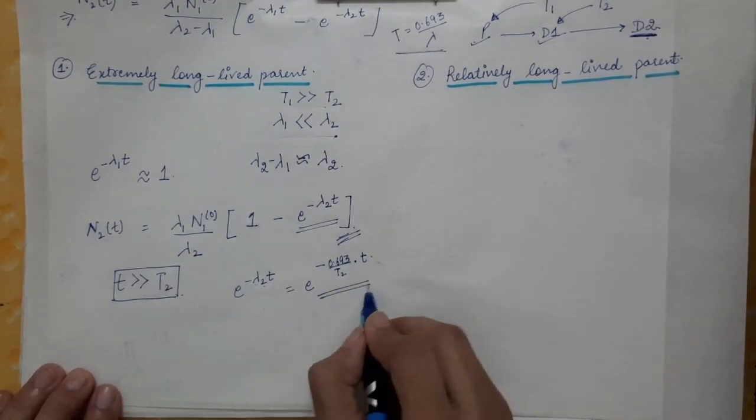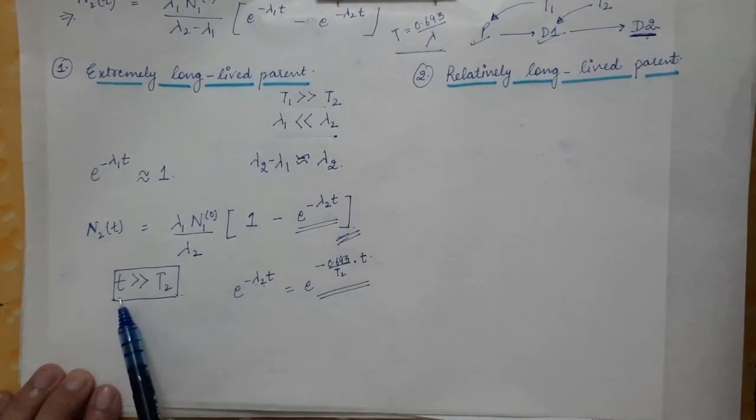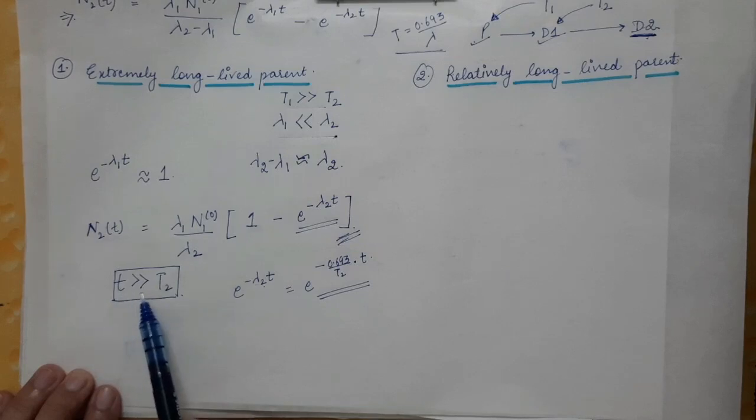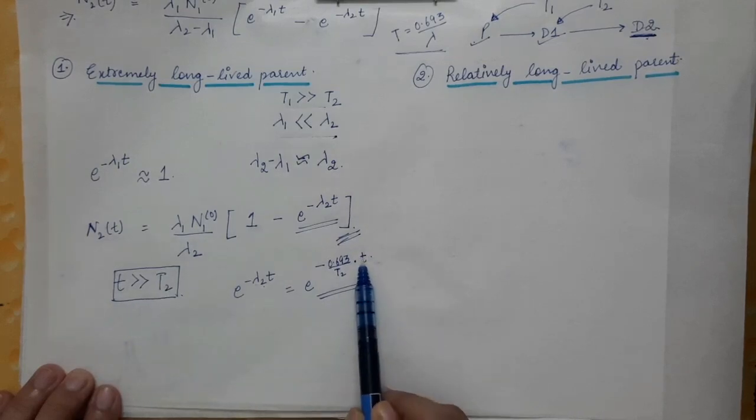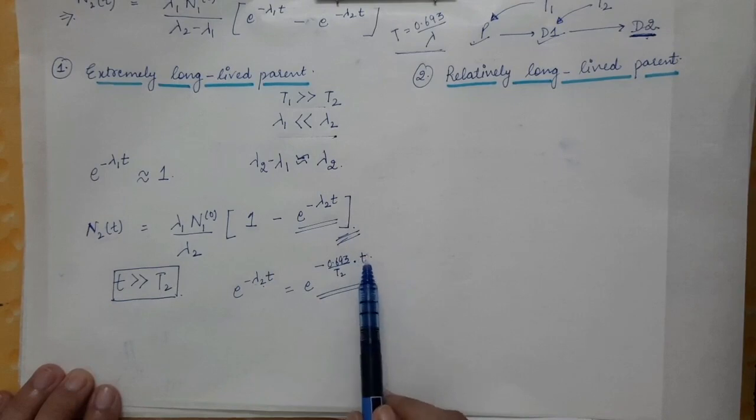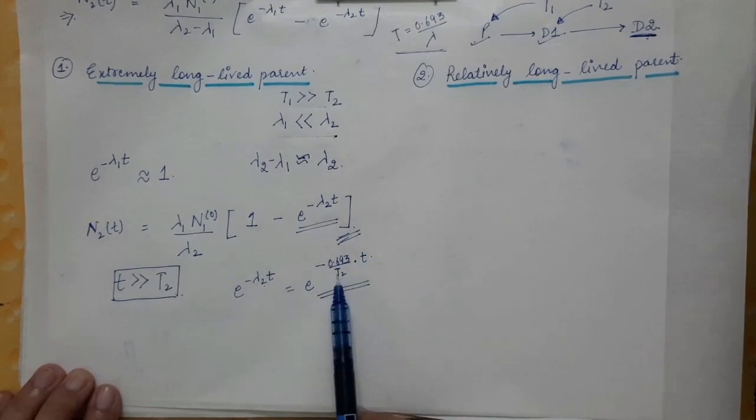In this term, if I use the assumption that time is very much greater than T2, then t will be very large compared to capital T2.